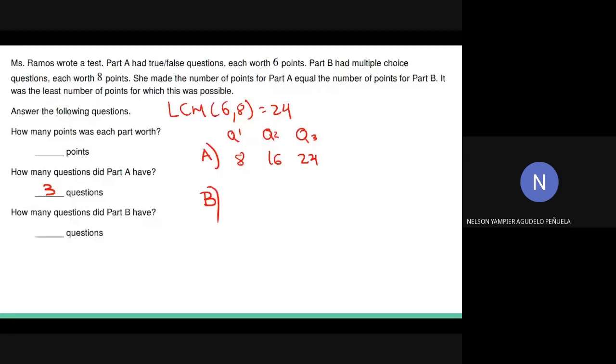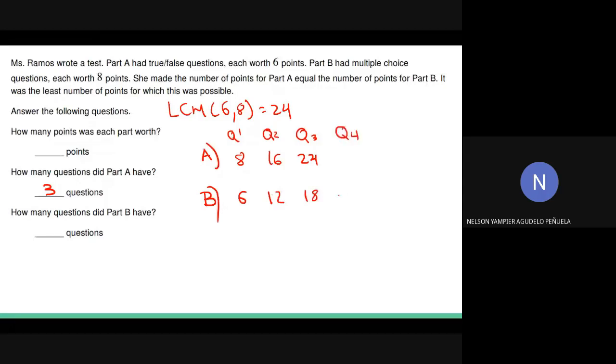But what happens in section B? It's different because with 1 question it is 6. With 2 questions it is 12 points. With 3 questions it is 18 points. And with 4 questions, now you have 24 points.